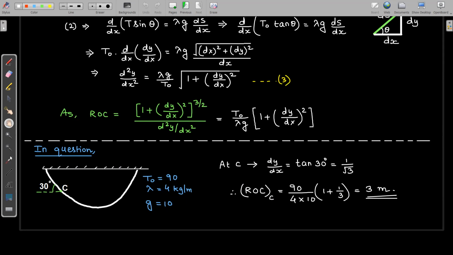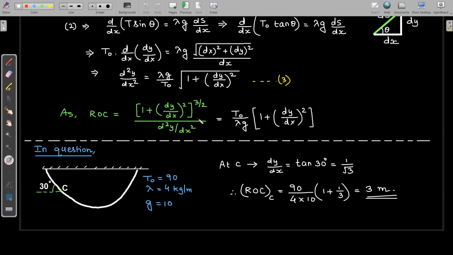Now, the mathematical equation for radius of curvature at any point: if you have an equation of a curve y as a function of x, then you can find the radius of curvature at any point on that curve using this expression, that is 1 plus dy by dx square whole power 3 by 2 divided by the double derivative of y with respect to x. In the denominator, I am replacing d2y by dx square from equation 3.